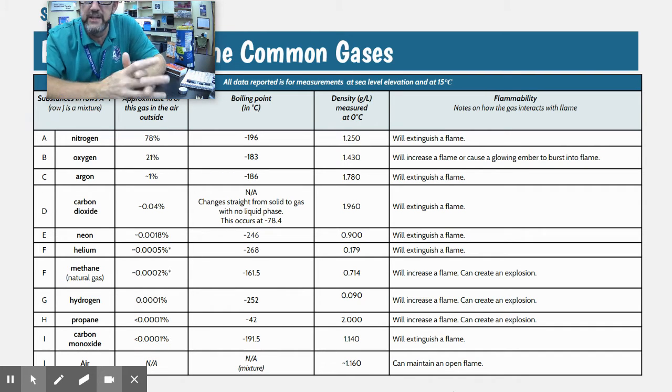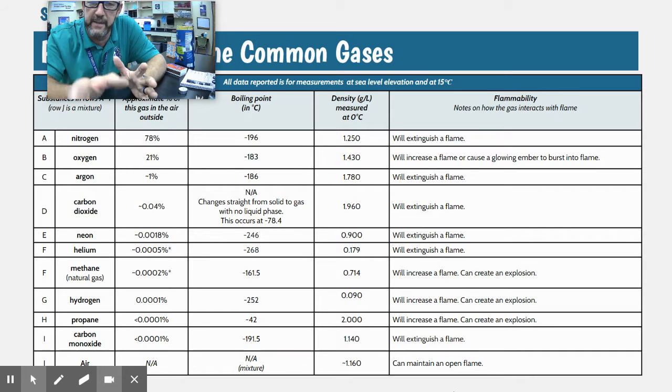The next column says boiling point in Celsius. And you can see that the warmest temperature where something goes from a liquid to a gas is propane at minus 42 degrees. You don't want to be in minus 42 degrees. It's very cold.